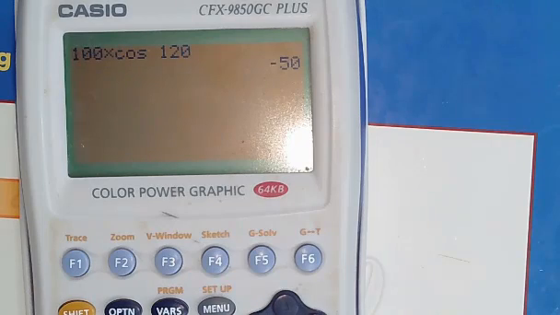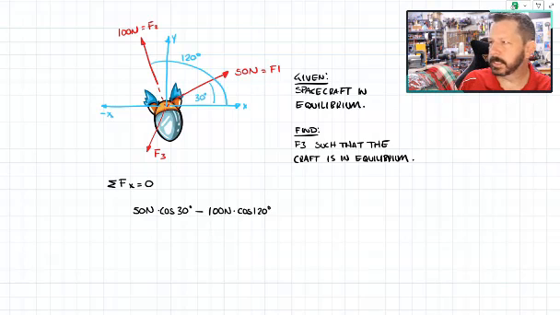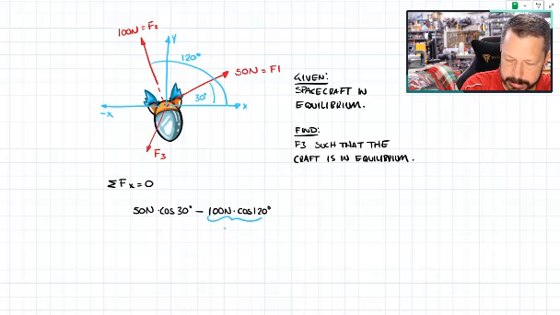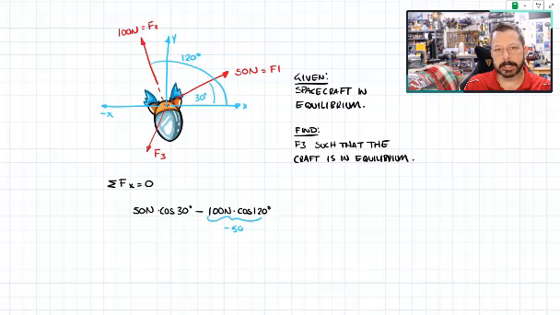So it already has a negative sign in it. And if I put this negative sign in there, and then this number is negative 50, I've got two negatives and they end up being a positive.